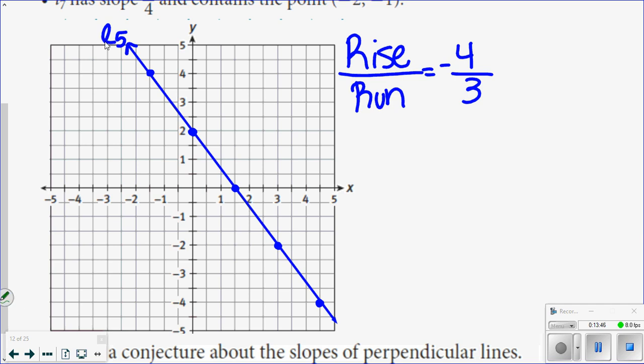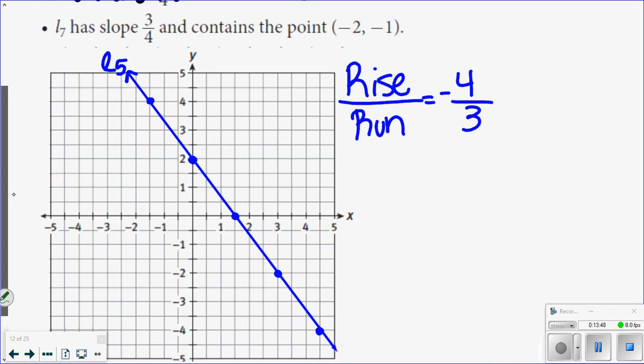Now let's graph line 7, L7. This time, my rise over run, or my slope, is 3/4. And my point is (-2, -1). So this is x, y. Remember, we have to go in and out of our elevator before we can go up and down. So let's go left to -2, down to -1, and there's your point.